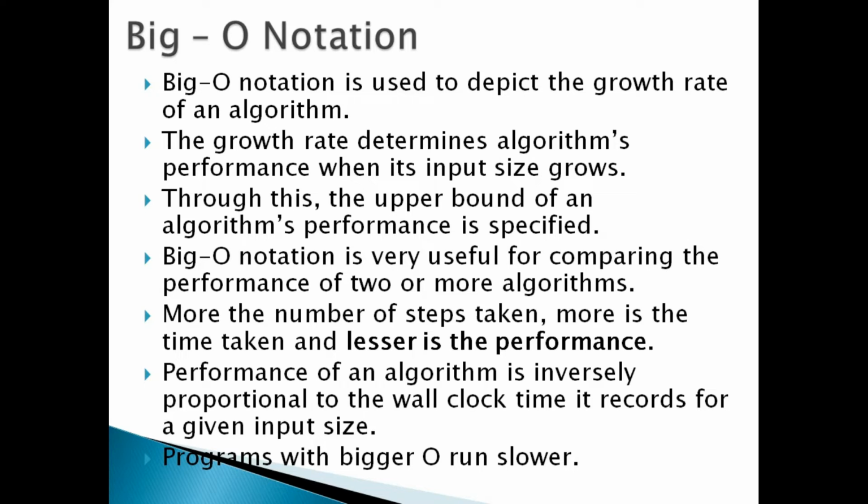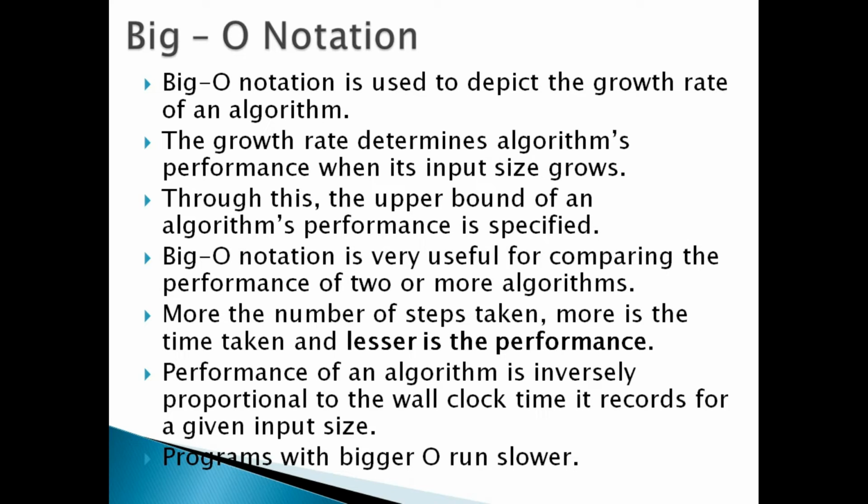The performance of an algorithm is inversely proportional to the wall clock time it records for a given input size. This is very important, that the performance of an algorithm is inversely proportional to the wall clock time, the time taken by the algorithm to run. How?